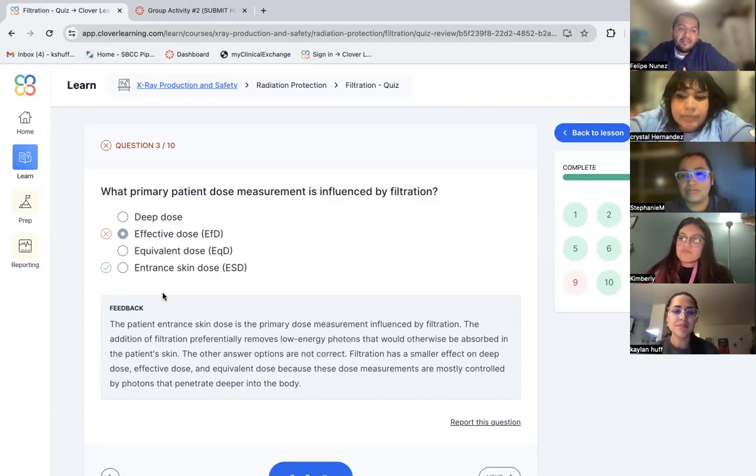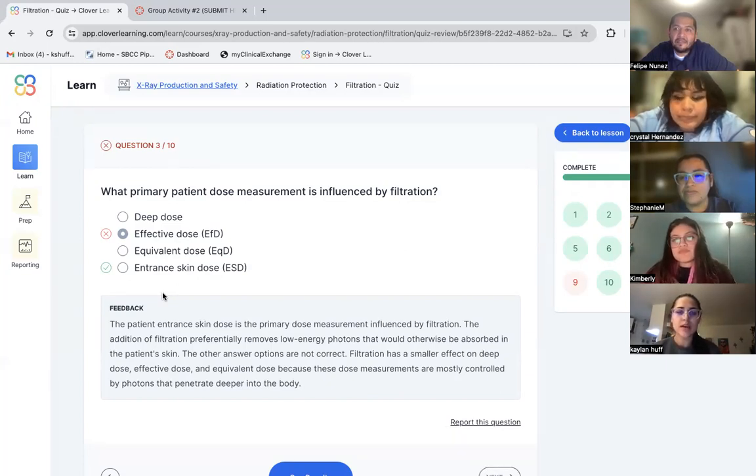And so not all of the X-ray beams getting to the patient are going to be, for example, 100 kV. Some of them might still be in the high 80s, and they might not have enough energy to penetrate, so they're mostly going to get absorbed by the patient's skin rather than making it to the plate.